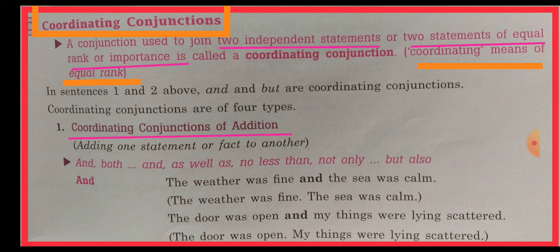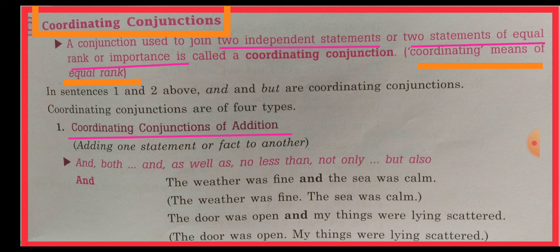These are the coordinating conjunctions of addition. Now look at these two sentences: the weather was fine, the sea was calm. These two sentences are of equal rank, meaning they have equal importance. They are joined by using the coordinating conjunction "and".